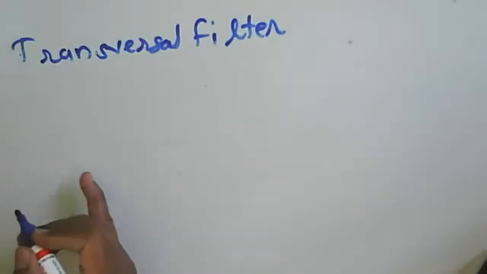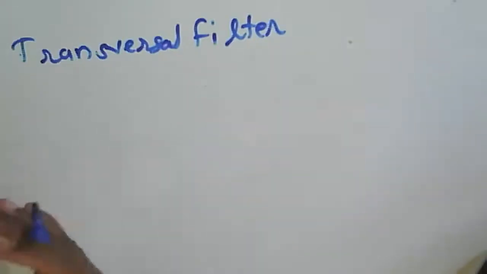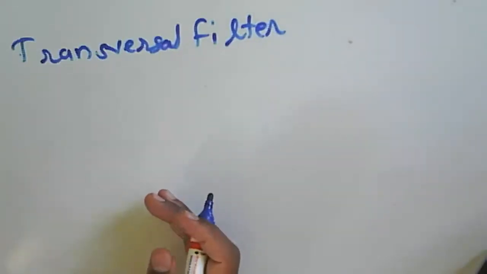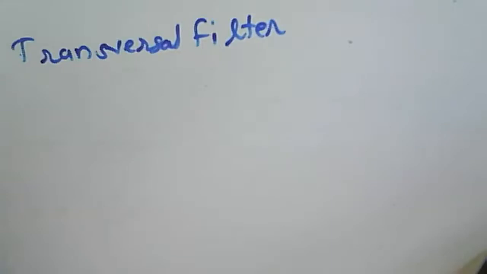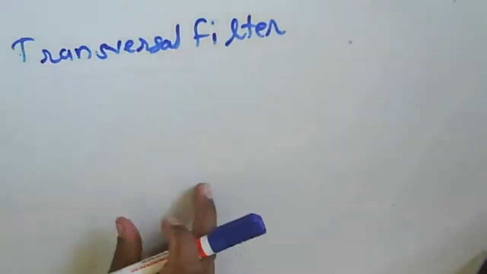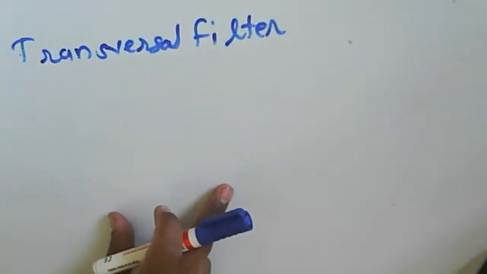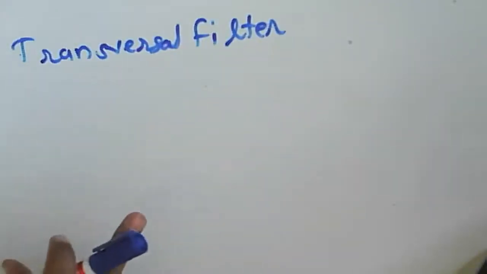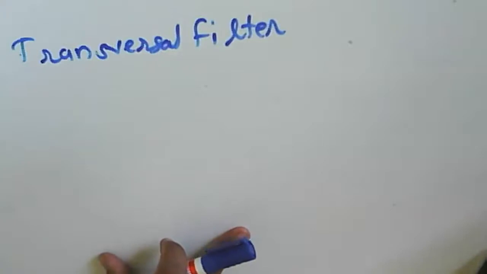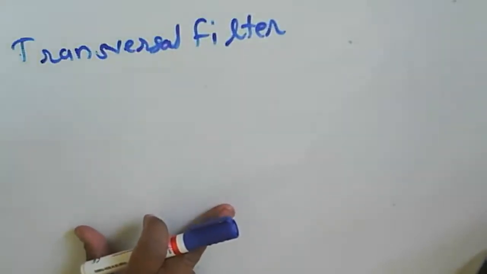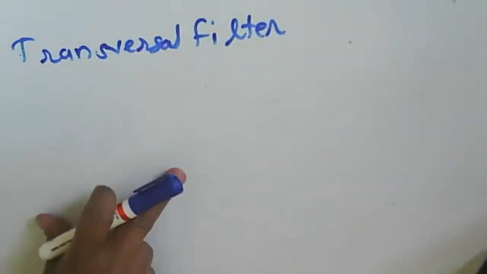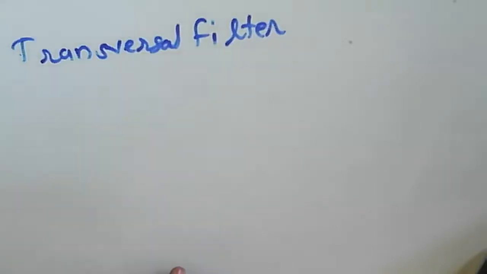For each transversal filter, we use taps with weights, and then we get an output after summing, depending upon the delay we apply. This particular filter is a non-recursive filter, or you can say feed forward, or a finite pulse repetition filter, or a finite memory filter.